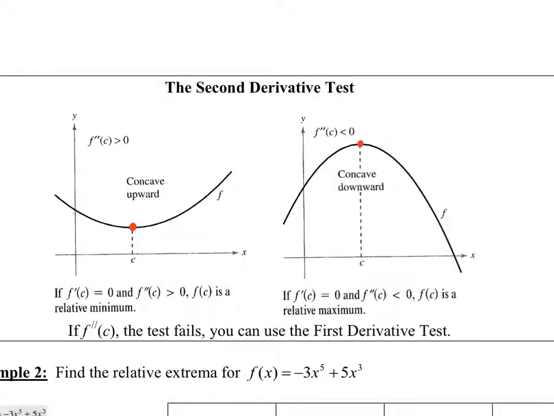In other words, put this in our language: if f is concave up, when f' equals 0, that point is a min.